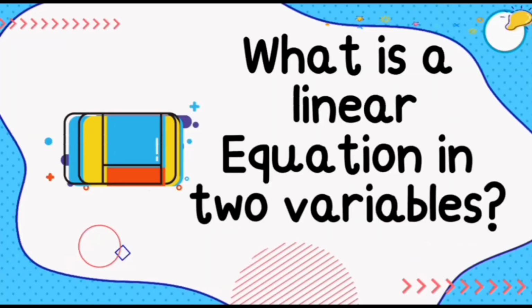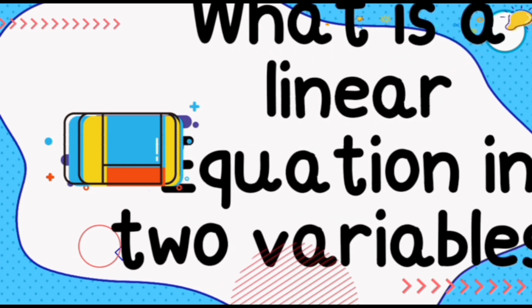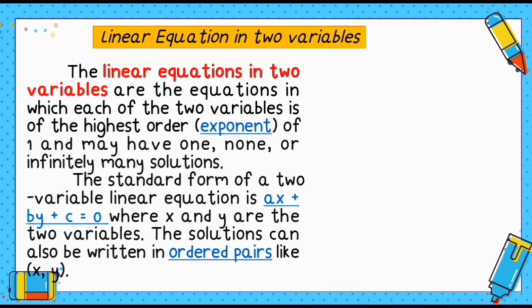So first, we will define what a linear equation in two variables is. A linear equation in two variables is an equation in which the highest order or exponent of the two variables is 1 and may have one, none, or infinitely many solutions.